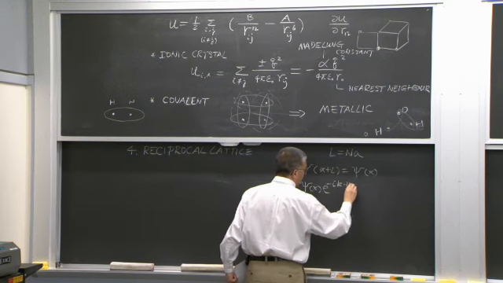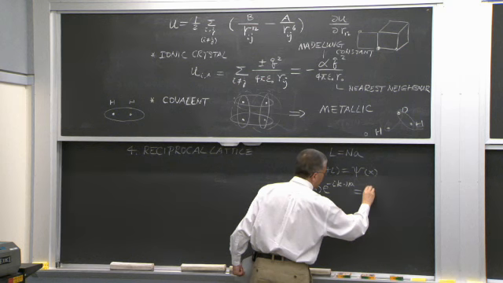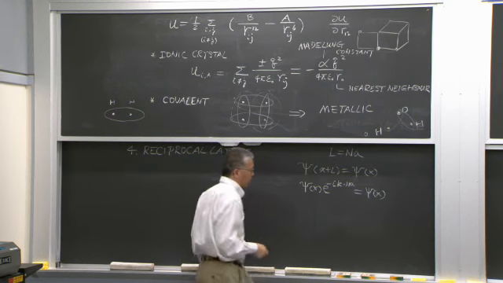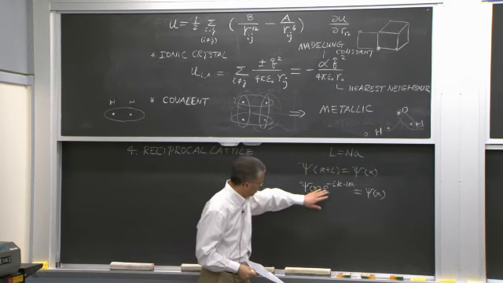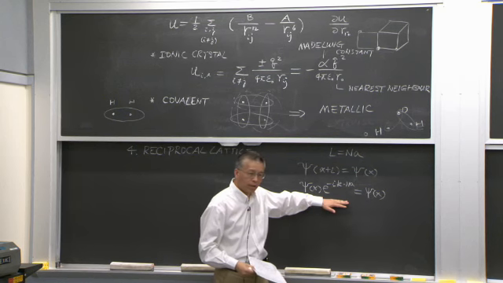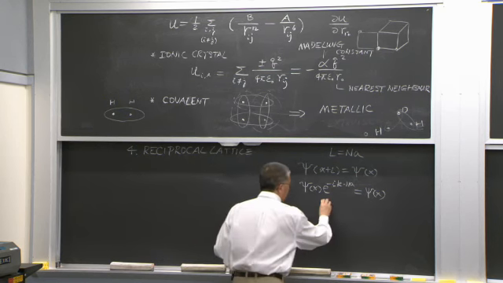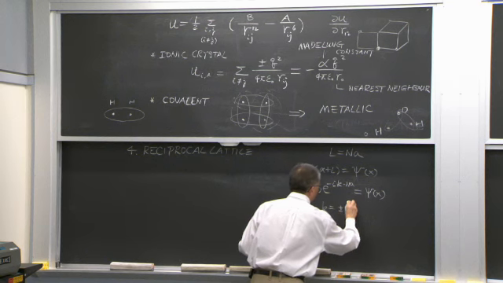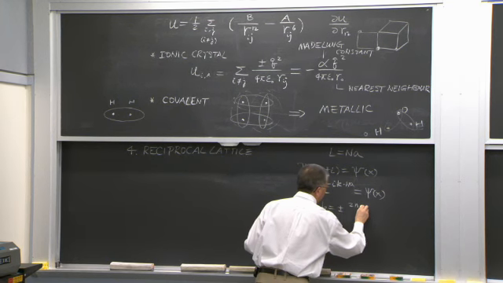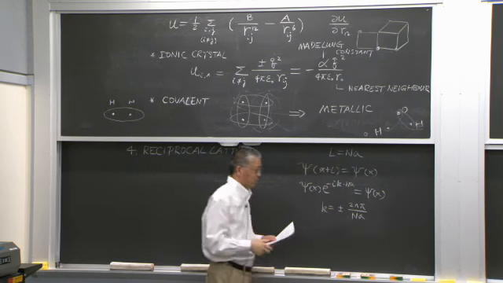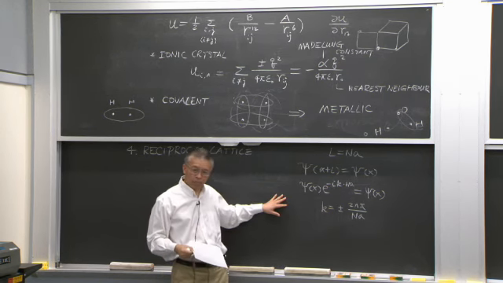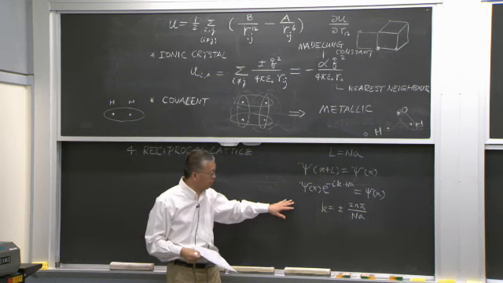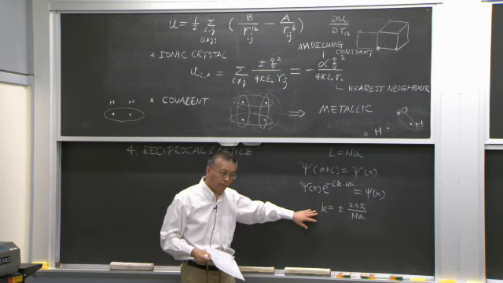L is Na, and that equals ψ(x). So this is the Bloch theorem. From this, e^{ikL} equals 1. That's why we get k equals plus or minus 2nπ divided by Na. So this is one way we got it, right? From Bloch theorem, the allowable wave vector k.